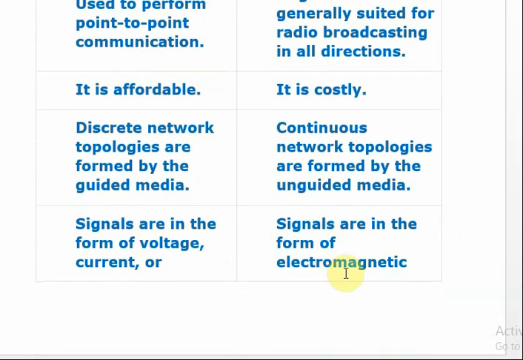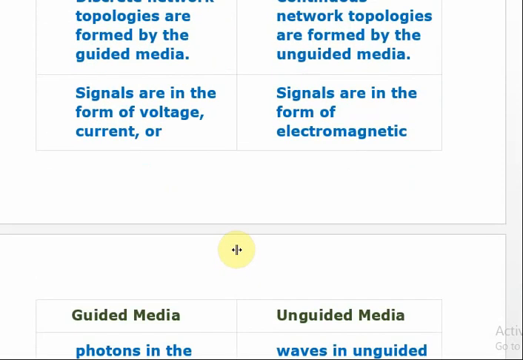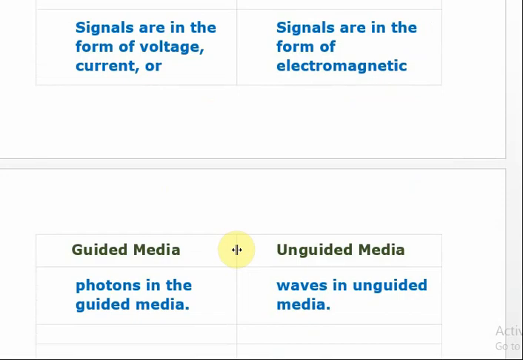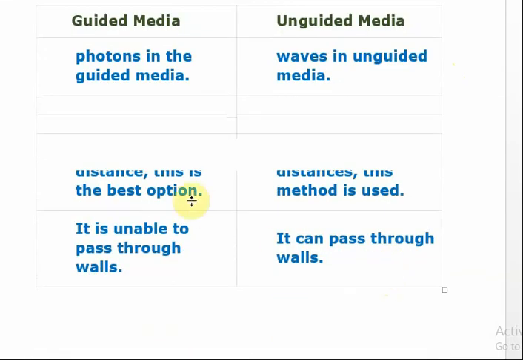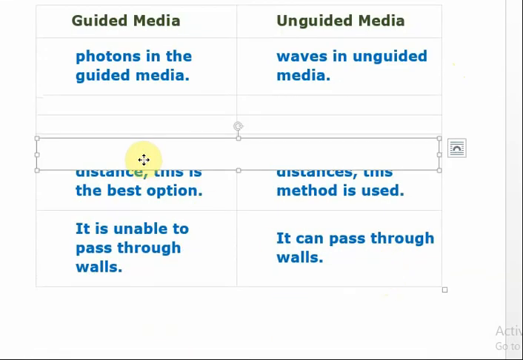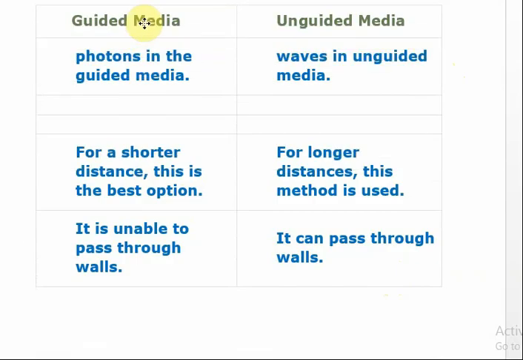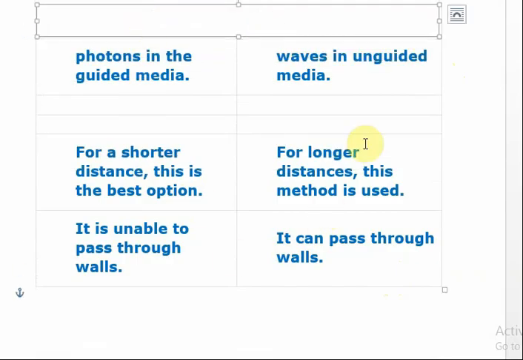You do not need to memorize that it is voltage, current, or protons in guided media, that is not necessary. Here it is electromagnetic waves in unguided media. These are the basic things we need to understand, just a basic idea, right?